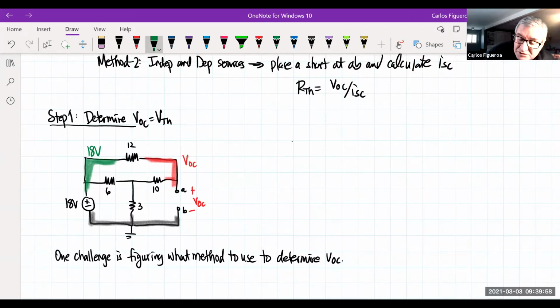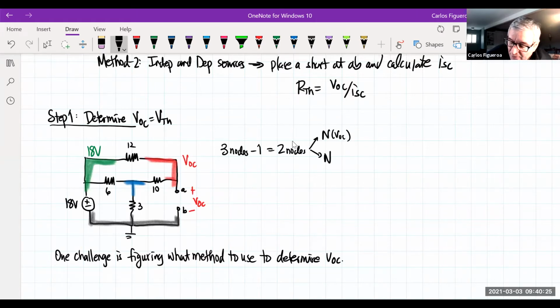And so I have a second node, which is right here. So when I do my counting, I have 3 nodes minus 1 source gives me 2 nodes to solve. I have a regular node in VOC, and then I have to label this other one.